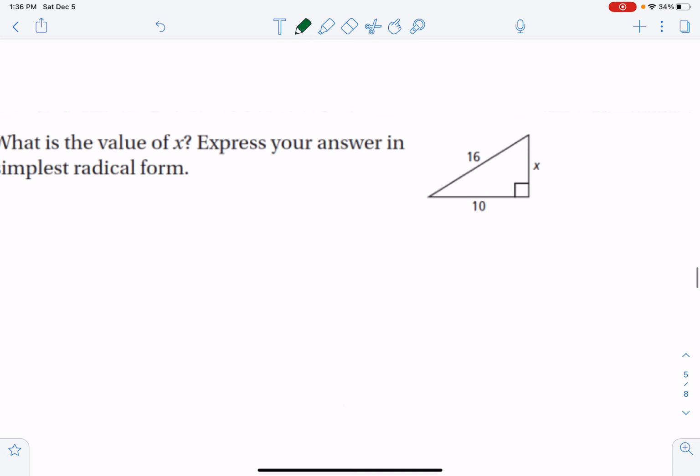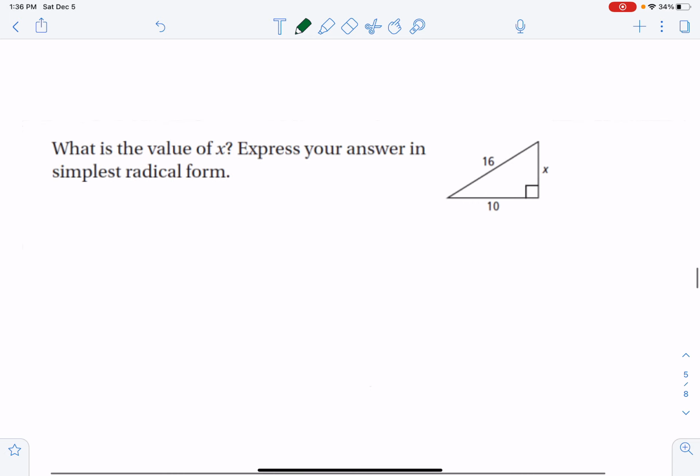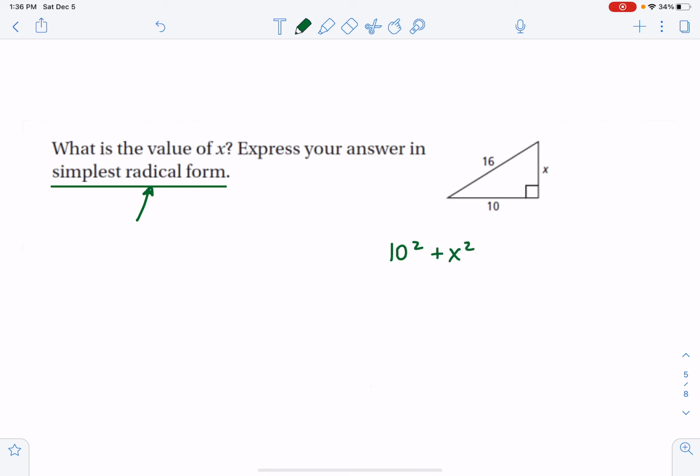So let's solve this one. They want us to solve for x. It says in simplest radical form. So I'm going to do decimal form, but I am going to show you this. This is what they do for the ACT. So if you're doing Pythagorean theorem, we know we have a right triangle.